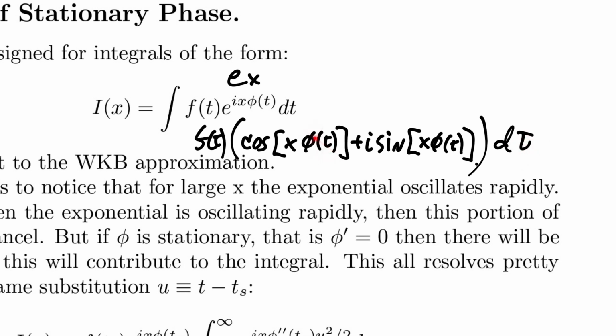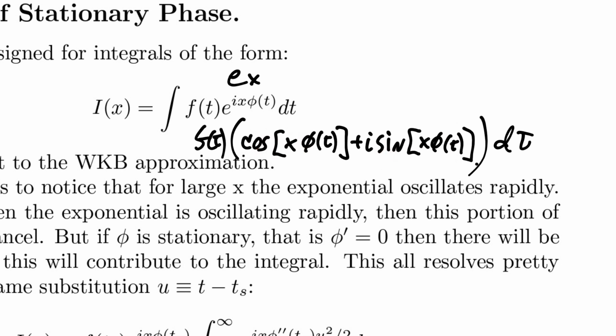As t moves a little bit, if phi of t is large, this is going to be a fast oscillation. And if x is large, then even if phi of t is kind of middling, this is still going to be oscillating quickly with respect to t. It's hard to judge how quickly cosine will be oscillating. The point is if phi changes at all substantially with t, then this is going to oscillate quickly.